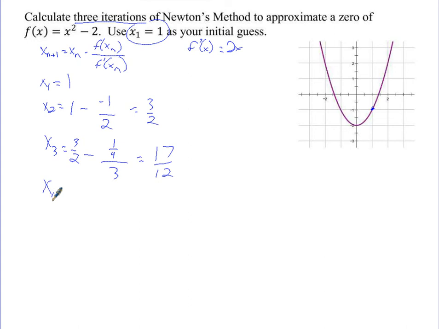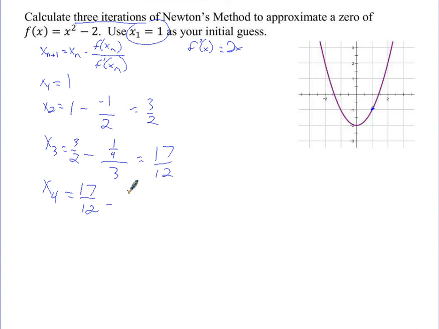Now we need the last iteration, x sub 4 equals 17/12 minus... Okay? 17 squared. Something that ends in 9 maybe? Maybe it ends in 3. 289.